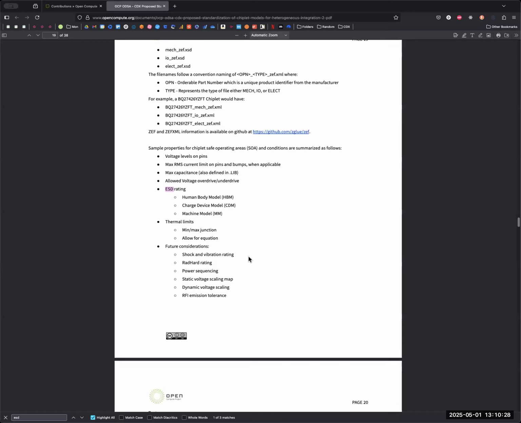If for some reason there is a TSV that goes from the bottom die to the top die directly, then that pin on the top die will still need to have proper ESD protection, right? Whatever goes to the outside world needs to have its ESD protection at the appropriate level.